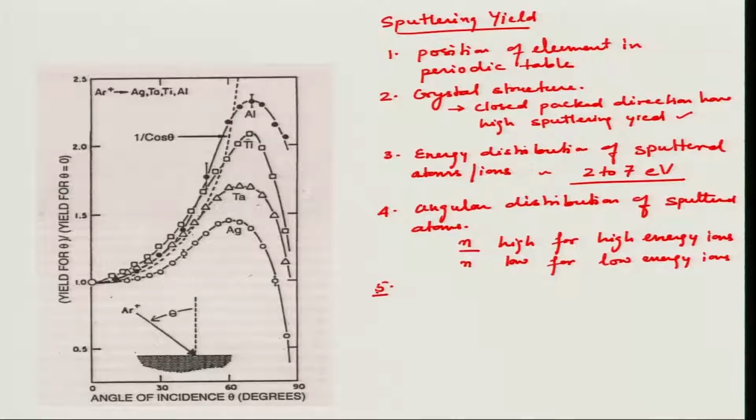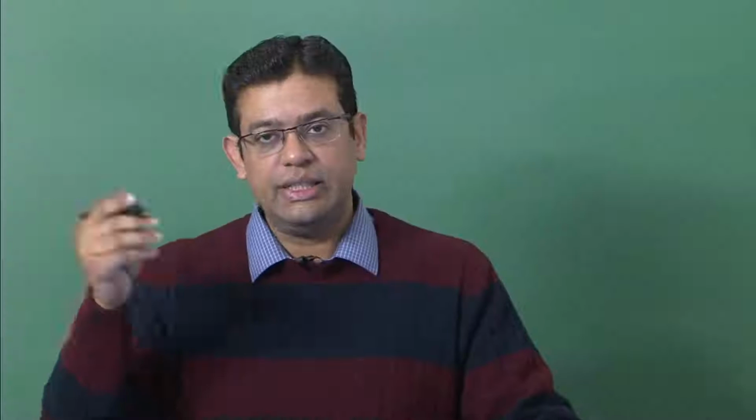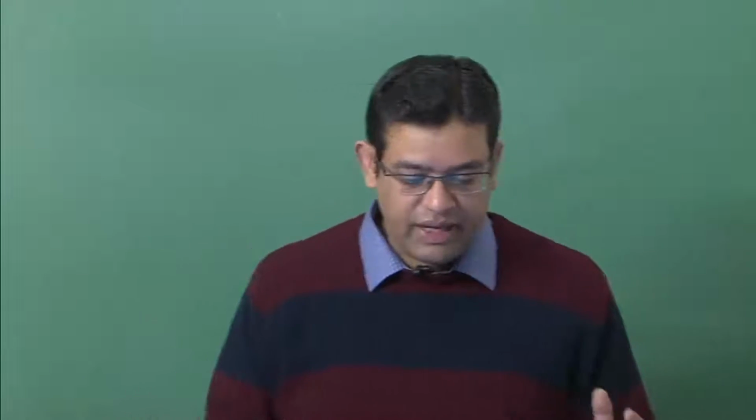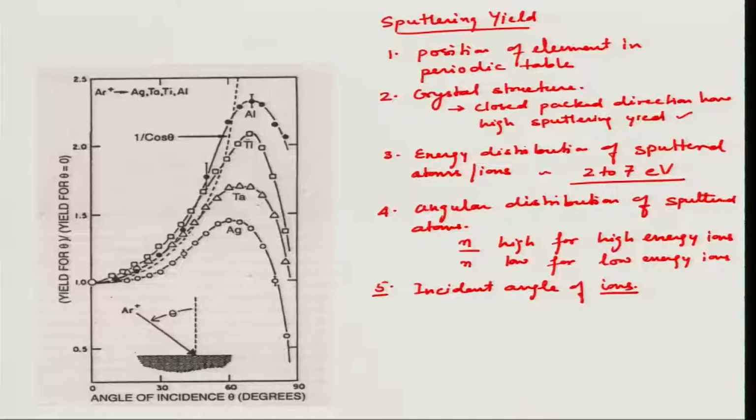Another important parameter is the incident angle of ions. At what angle these energetic ions are approaching the surface is very important, because you can see in this graph how the yield varies with an angle theta.